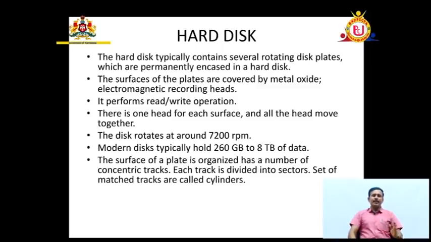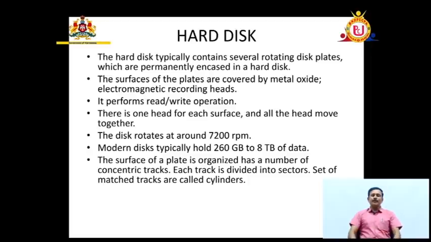Hard disk is a secondary storage device which can store a large amount of data. The central shaft is responsible for holding the number of layers. It will rotate the disk at around 7200 rotations per minute. Because of its high speed rotation, we can extract the data very easily even though we have a large volume of information in the hard disk.